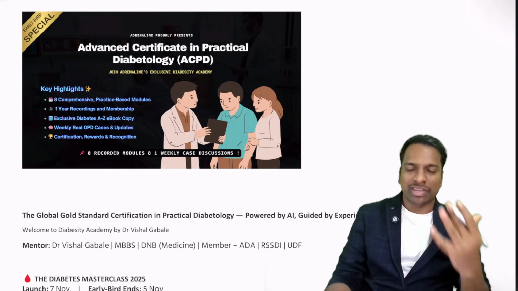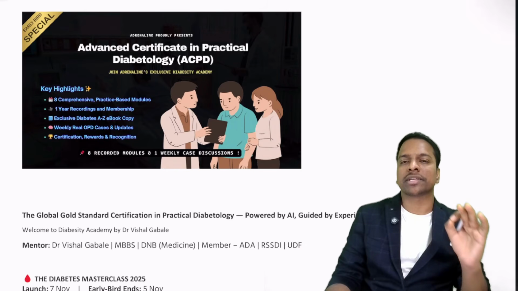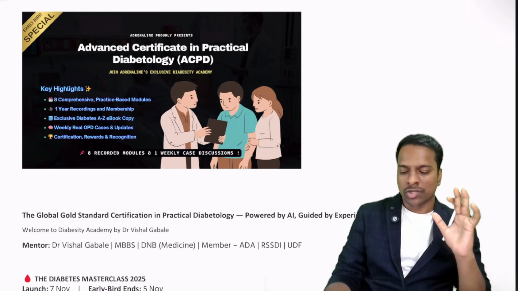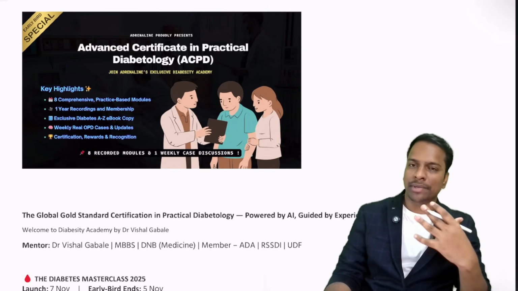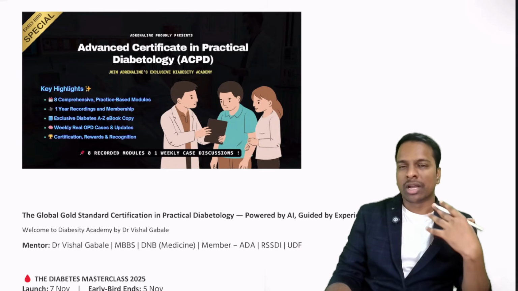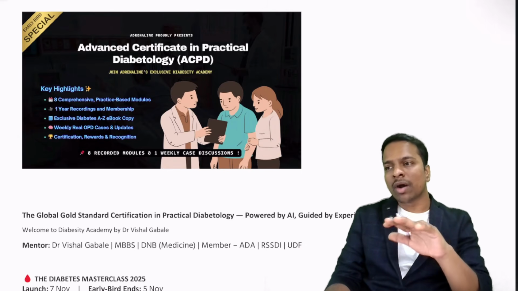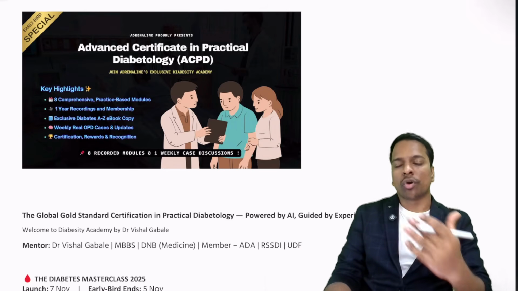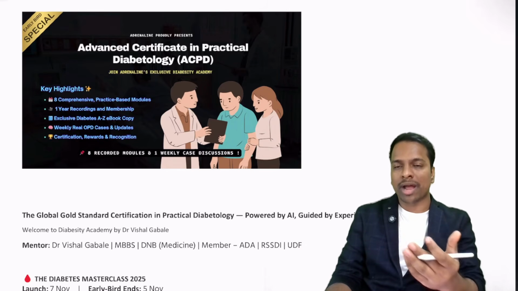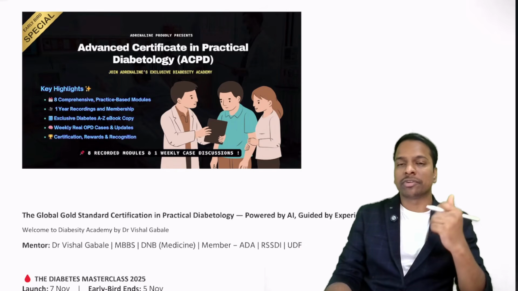So we are coming with this Advanced Certificate in Practical Diabetology, and I'm going to highlight what we will discuss in this course. Whenever diabetology comes to our head, it's type 1, type 2 diabetes, all the theoretical information. But nobody actually teaches how to start treatment, what the best treatment options are for a particular patient, how to regulate that treatment, or, if one drug is not helping, what other drugs to add, or what the updates are, like SGLT2 inhibitors and GLP-1 receptor agonists.